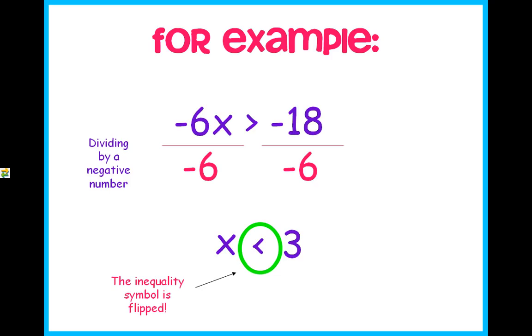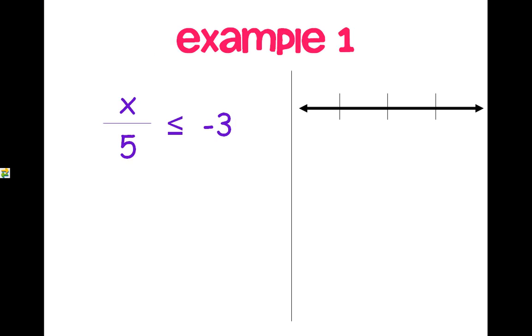Alright, so let's do a few examples. Example number 1. x divided by 5 is less than or equal to -3. Now remember, everything's the same as we did with equations except if you multiply or divide by a negative number. So looking at x, what we've got to get rid of is that 5. To get rid of dividing by 5, you multiply by 5.